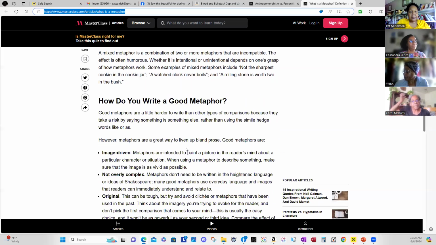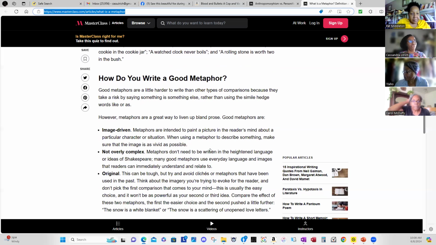And then they went into how to write a good metaphor. It has to be image driven. Again, we're back to showing and not telling. Not overly complex, and original, so you don't want to use what has always been used; come up with something new to describe and relate.